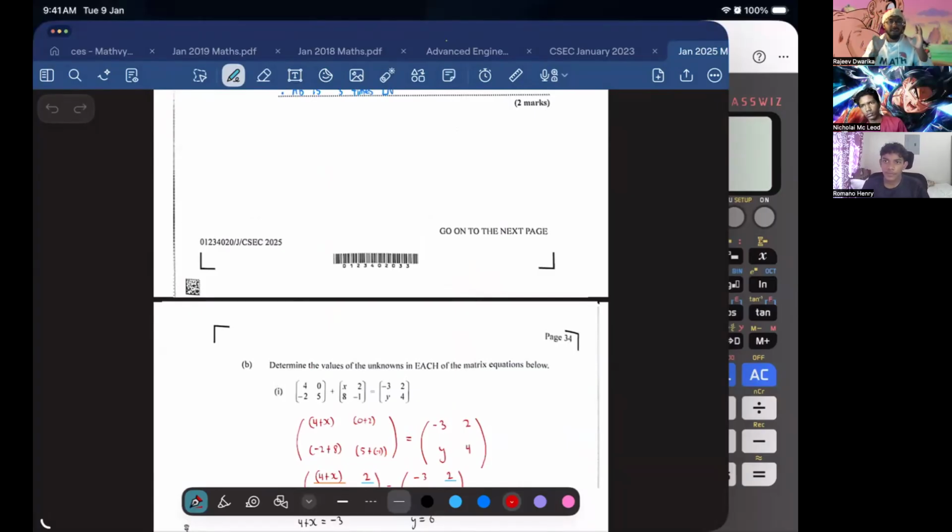They might ask it differently, but it's the same. So if you're asking whether June and January are different, no, it's not that different. It's the same things you're testing. So if you want to prepare for June, do some January papers as well. It's the same concepts. Understand?